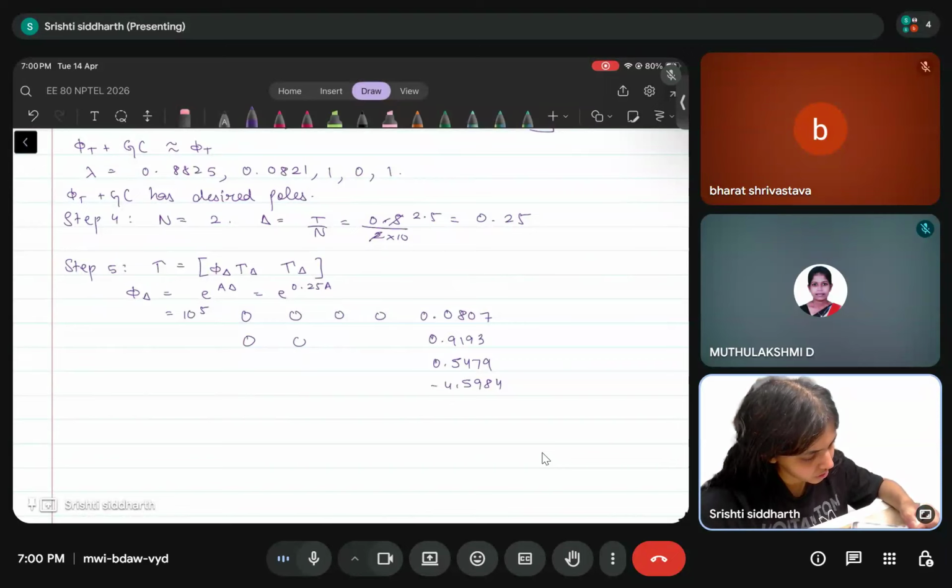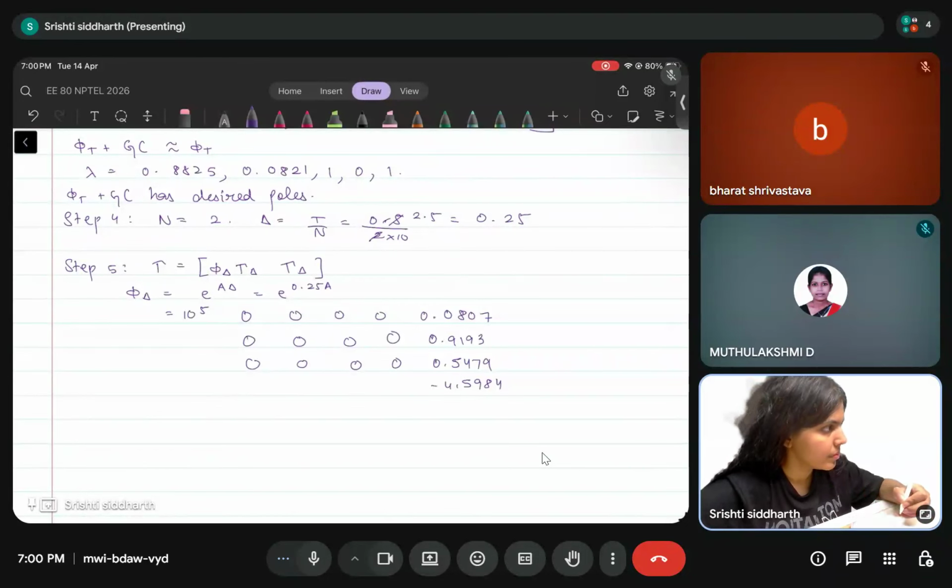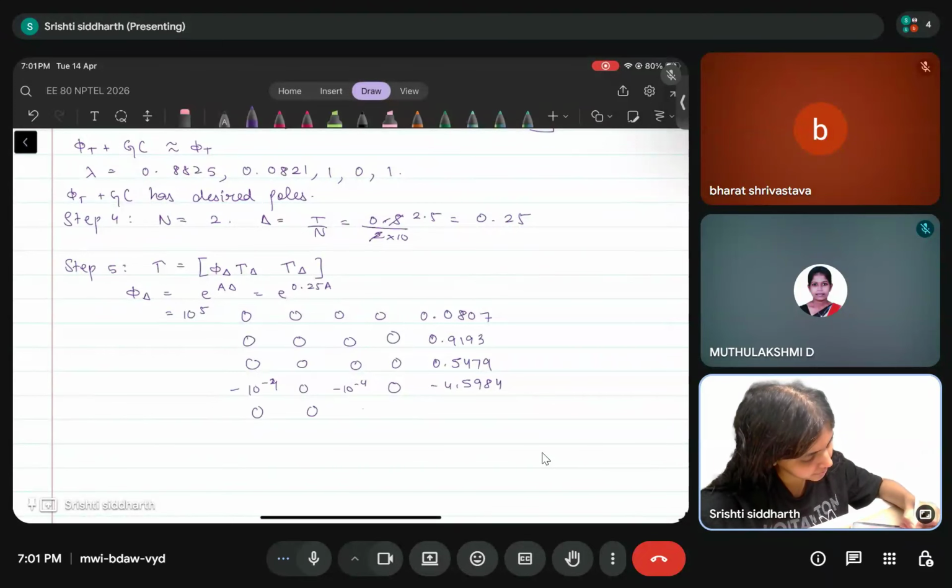In the second row, then 0 again. This is minus 10 to the power minus 4, 4 and 0. Last row is zeros.